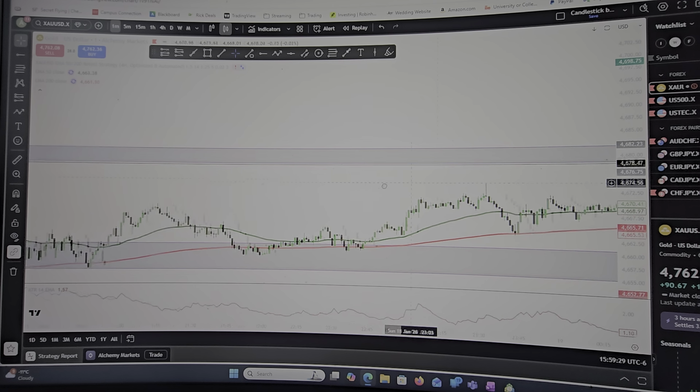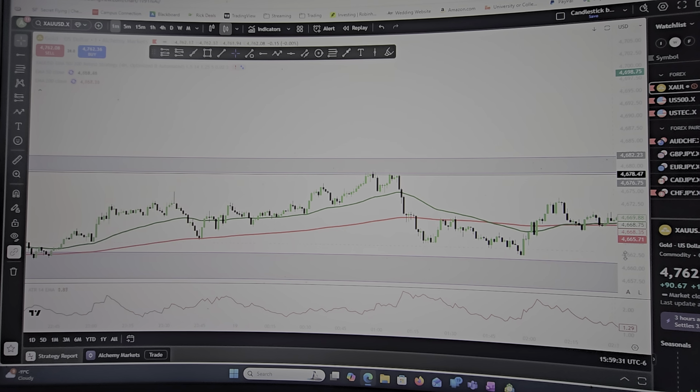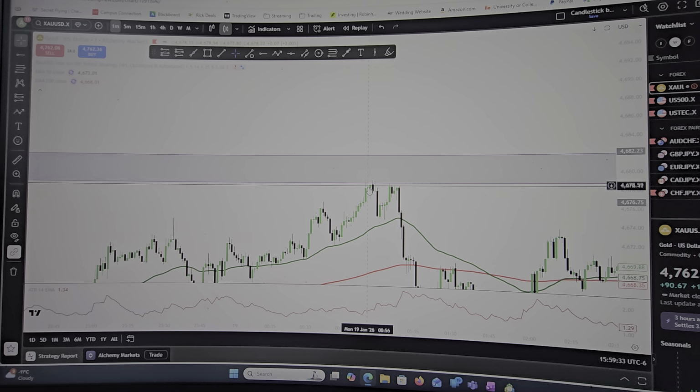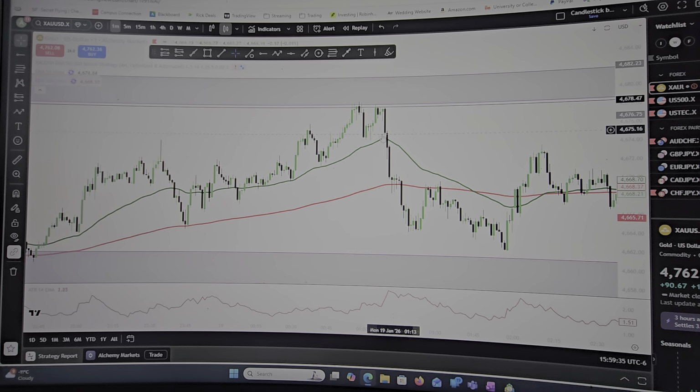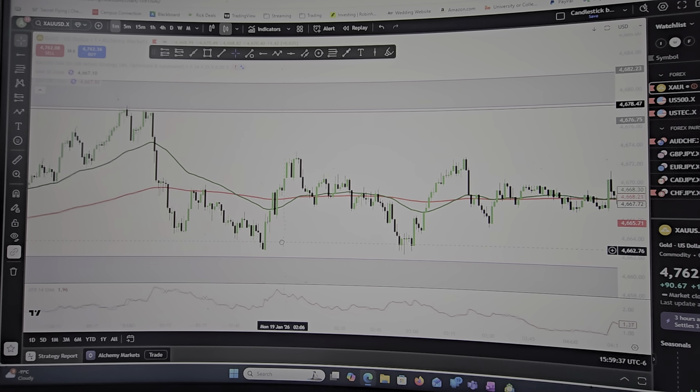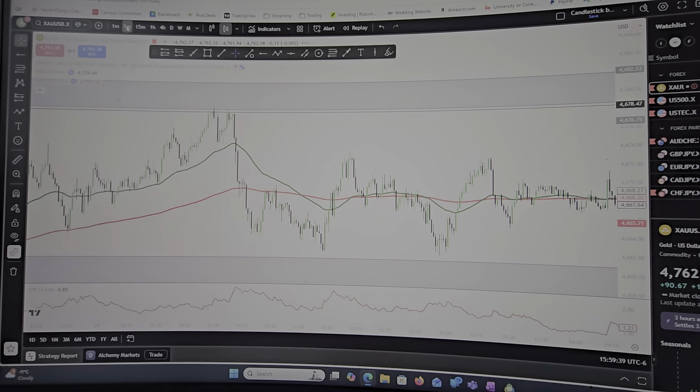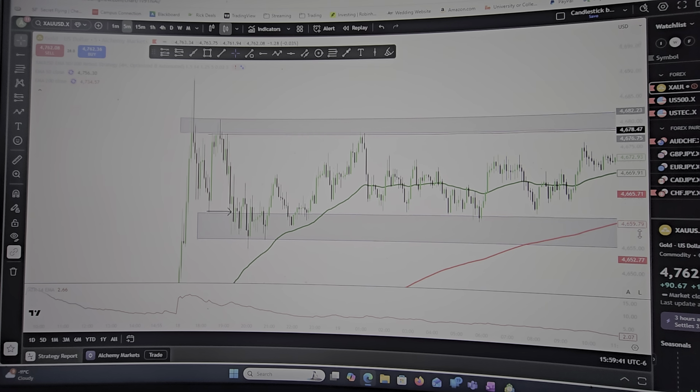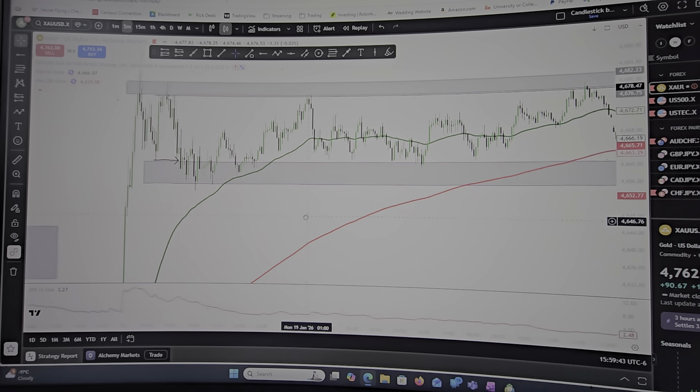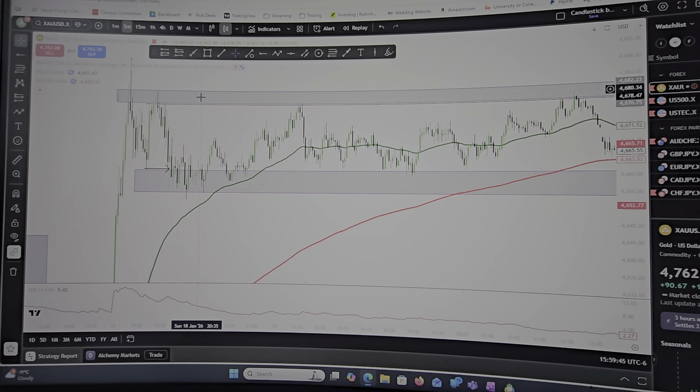So when price got there, we got tapped in and it came down and started playing. I targeted the bottom of here for the close, but it did not get there.